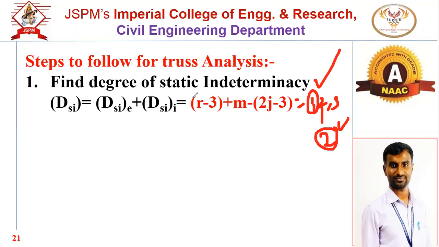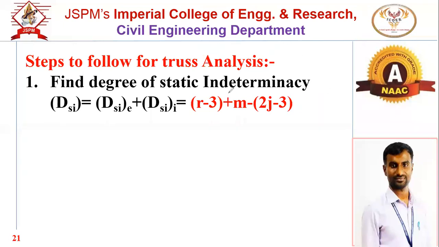From 2016 till the last INSEM examination, only 2 times have they asked a numerical on this truss. So mostly DSI will be 1. In 95% of cases, DSI will be 1 in truss analysis.